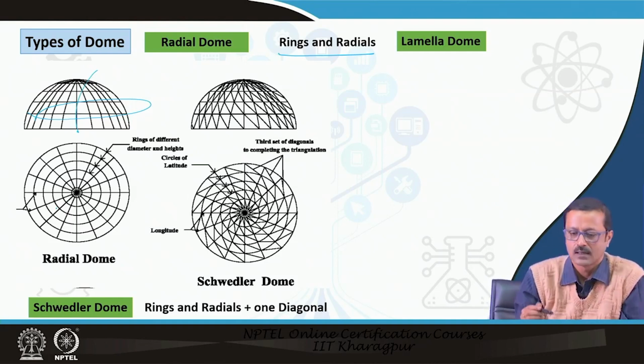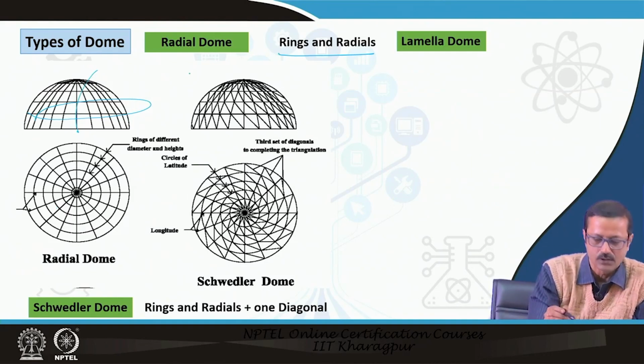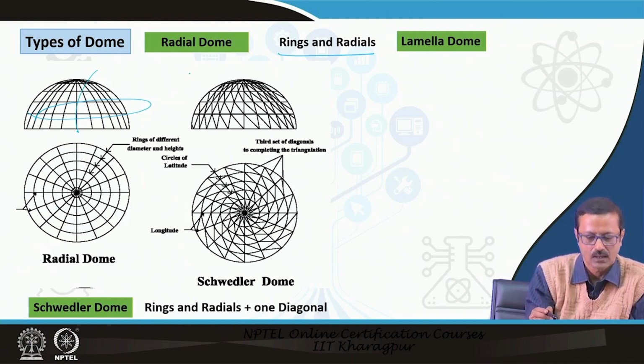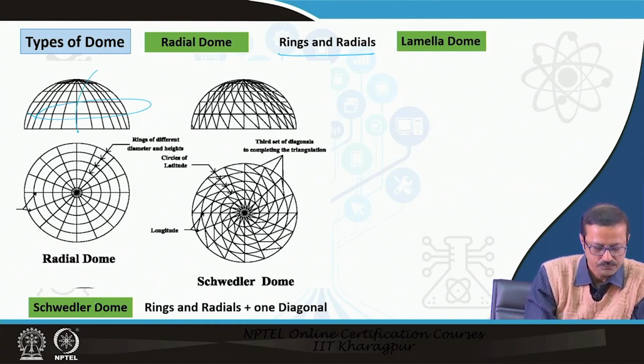Now, this is called the radial dome, and sometimes also laminae. There is also a kind of spherical dome, which has rings, radials, and one diagonal.